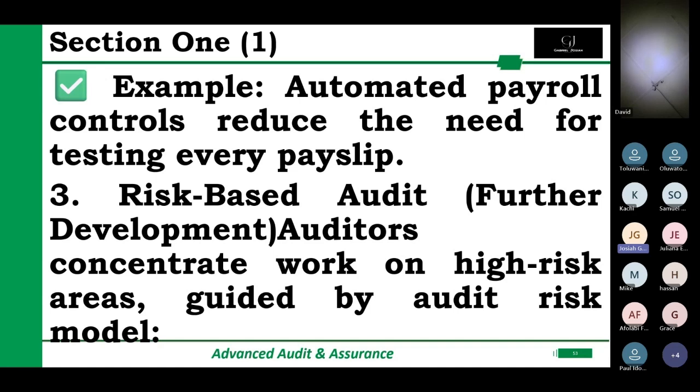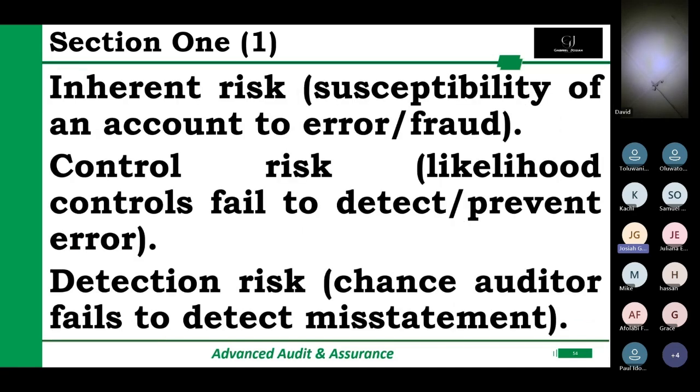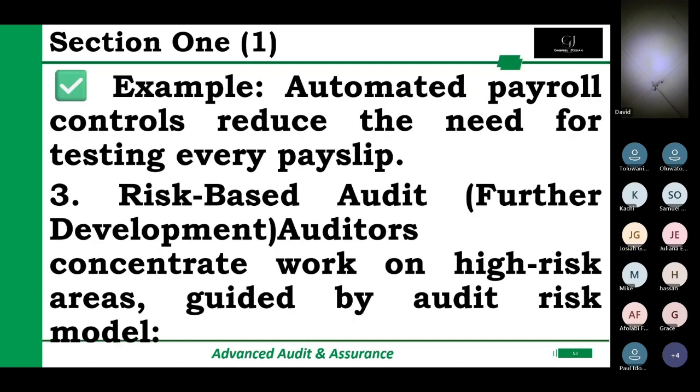So it's the approach that will determine the model you use, but it's not a factor. If you are using the risk-based approach, you need to use the audit risk model that speaks to the inherent, the control, the detection, or residual risk. So these are not factors; they are inputs under the risk-based model.